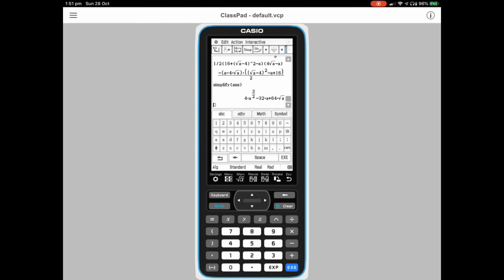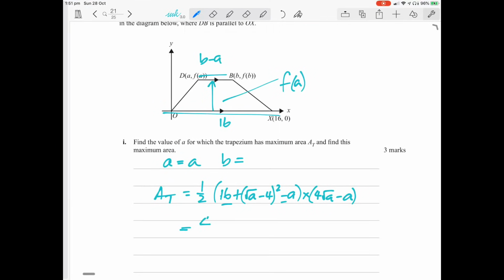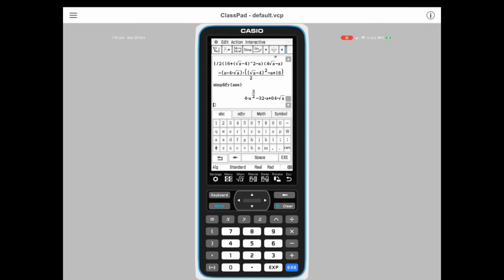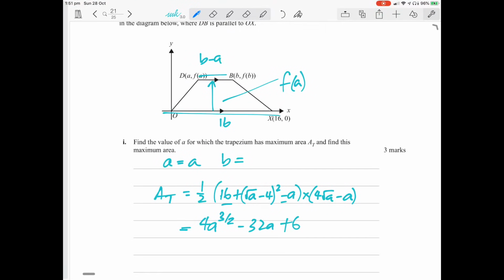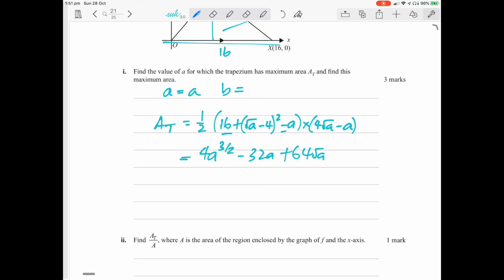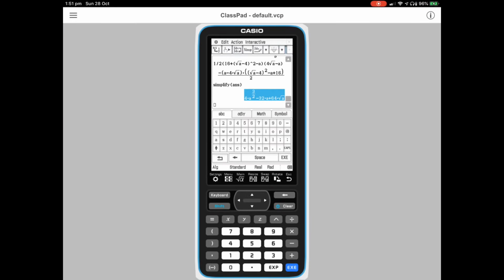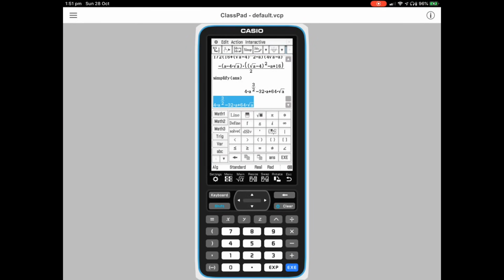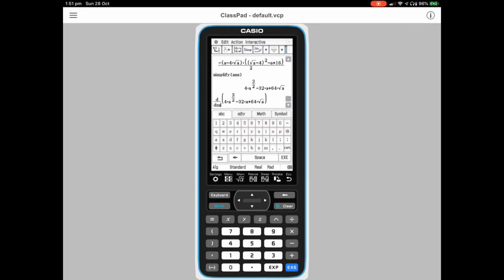Simplify: 4A to the 3/2 minus 32A minus 32A plus 64 root A. dA/dt is, derive that sucker, set it equal to 0.